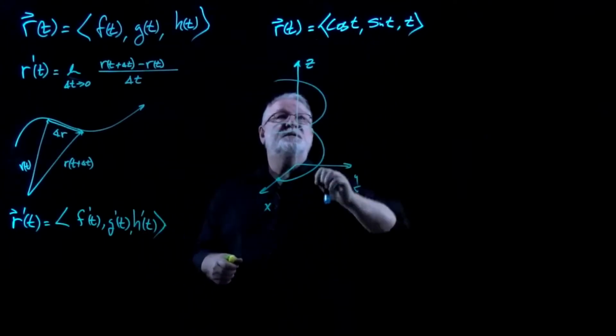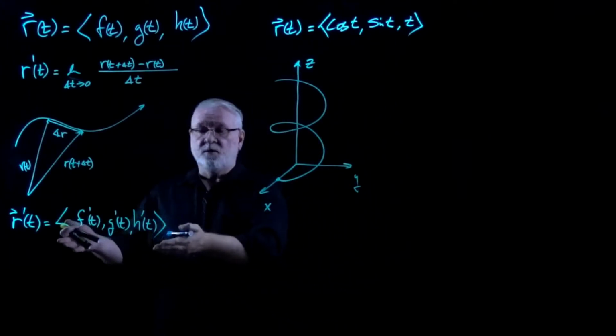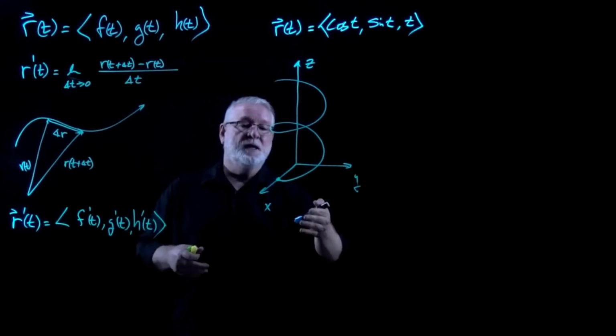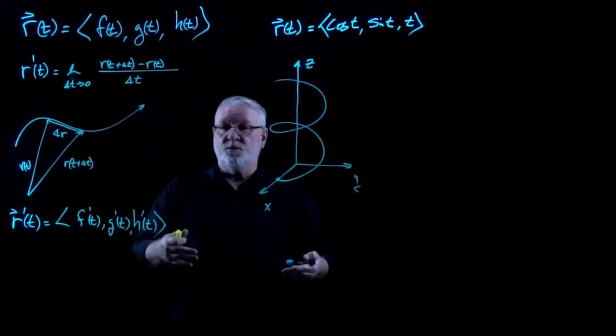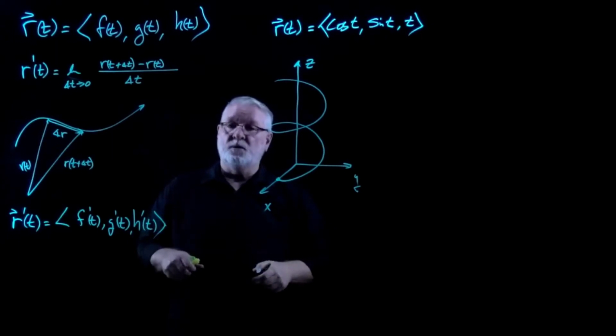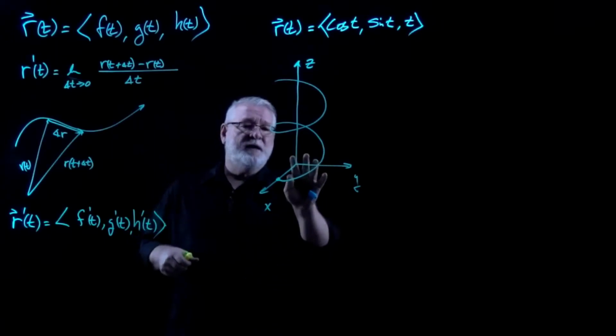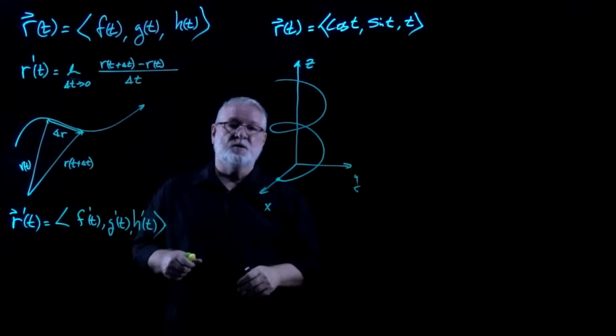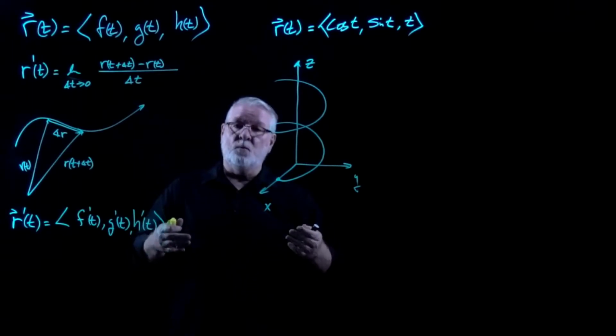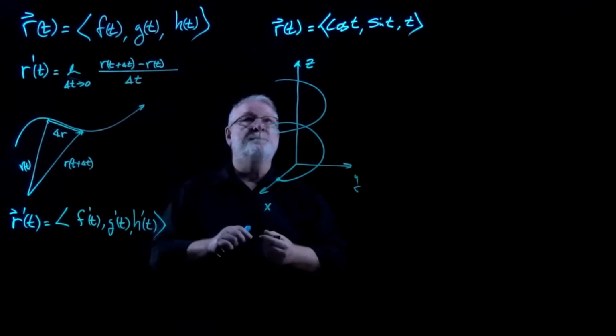Well, if this represents r of t, let's take a look at the derivative of this function and then further look at what that derivative gives us at unique locations on the curve. Because we already have a pretty good idea of how this curve behaves, we can then look at what the derivative represents for it.